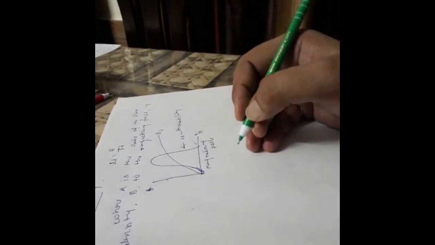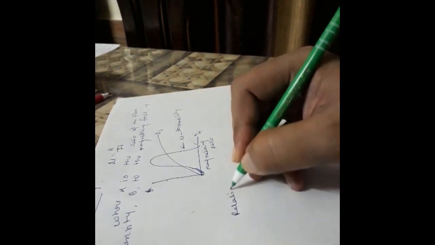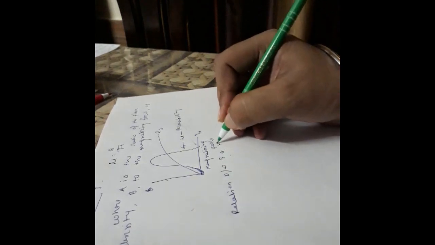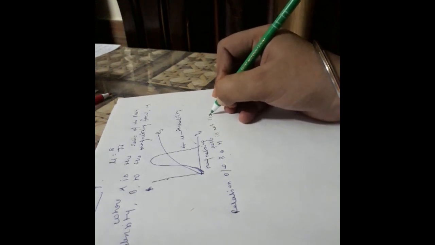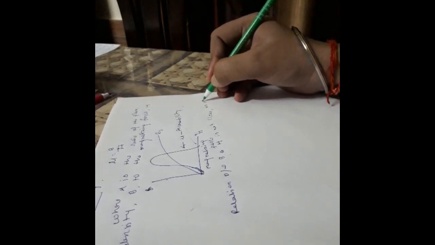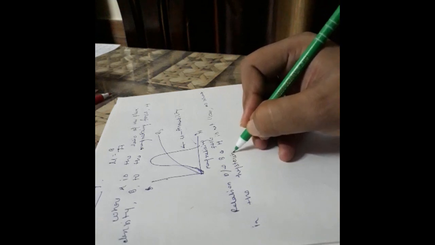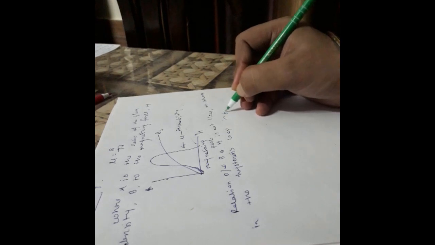The relation between B and H is not linear, as shown in the hysteresis loop in figure 1.